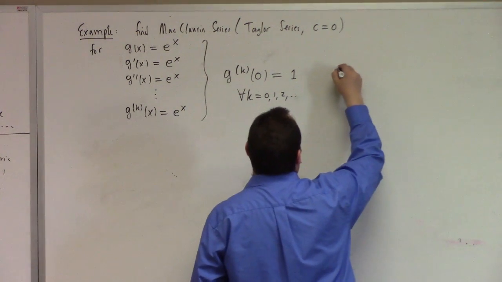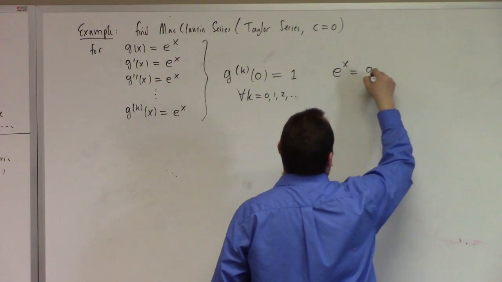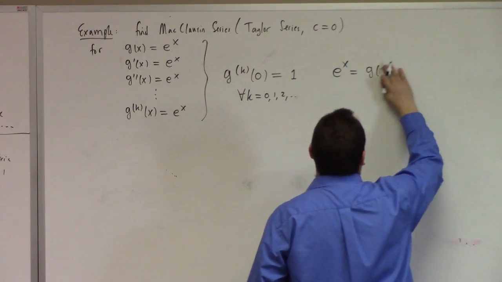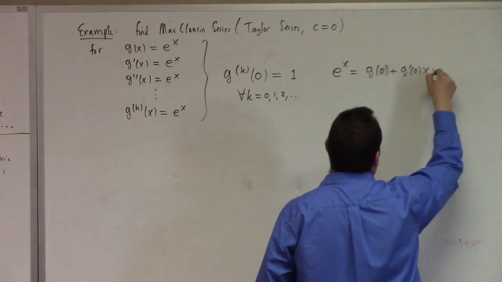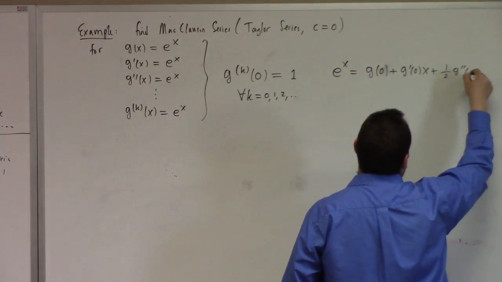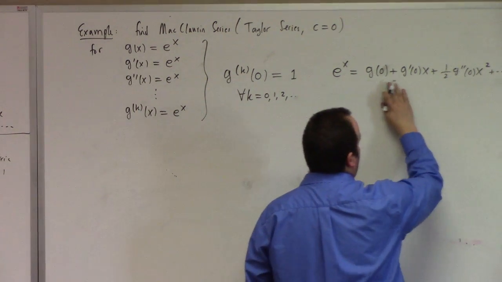So put this together. e to the x is equal to, remember the Taylor series generates g of 0 plus g prime of 0 times x plus 1/2 g double prime of 0 times x squared and so forth, right? Plugging in, these coefficients are all 1.